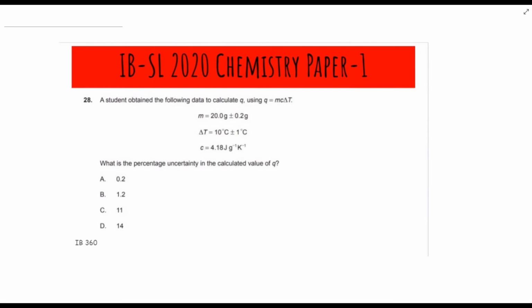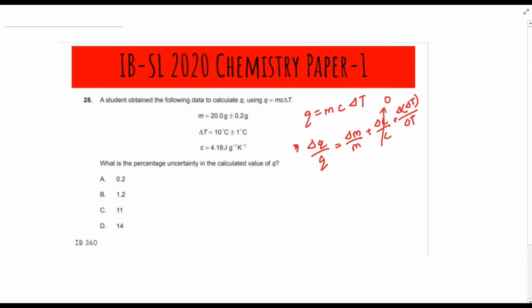Now moving on to question 28, let's write the formula first. We can write the relation. Now as C is a constant, this term will be 0, and we need to find the percentage uncertainty.